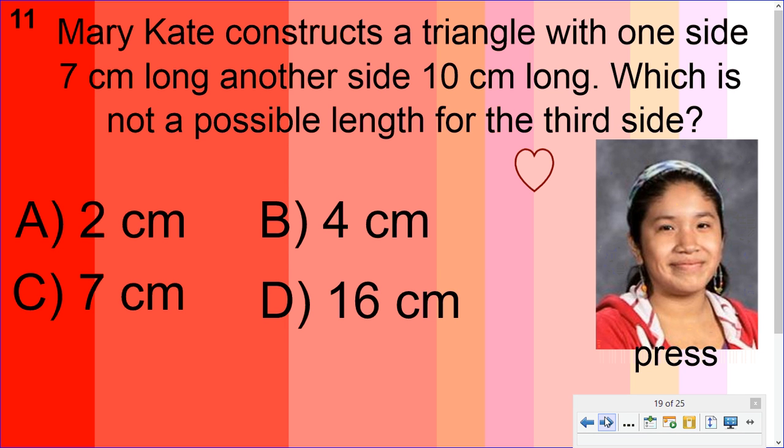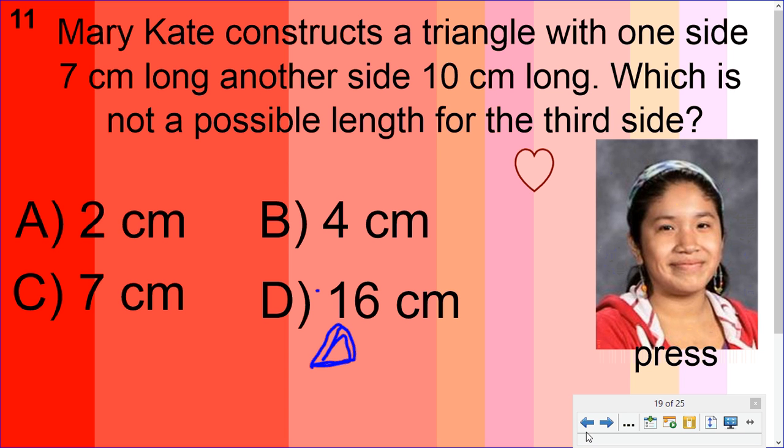Here we have Mary Kate constructs a triangle with one side 7 centimeters long, another side 10 centimeters long, which is not a possible length for her third side. All right, Mary Kate, I remember the rule is I have my triangle, not a good looking triangle.